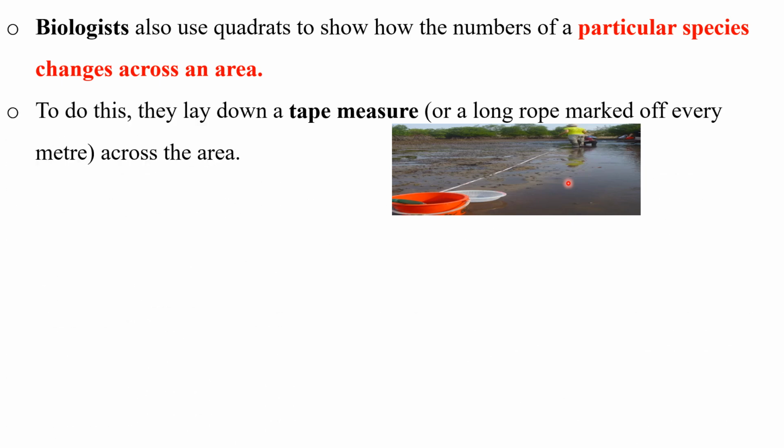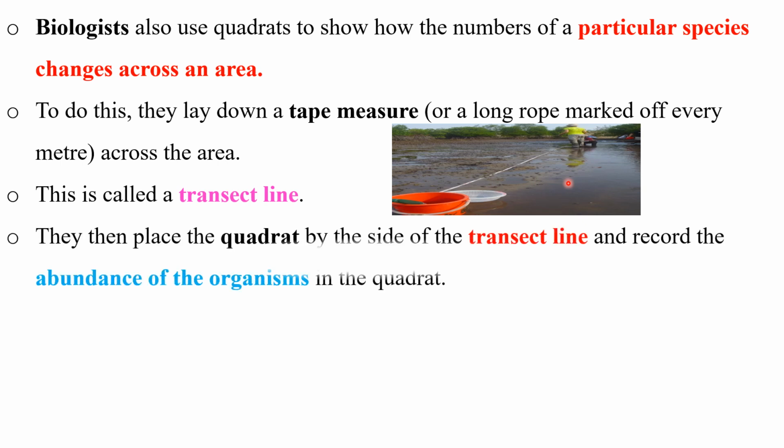To do this, they must lay down tape measures or long ropes marked every meter across the area. This tape measure is called a transect line. They then place the quadrat by the side of the transect line and record the abundance of organisms in the quadrat.